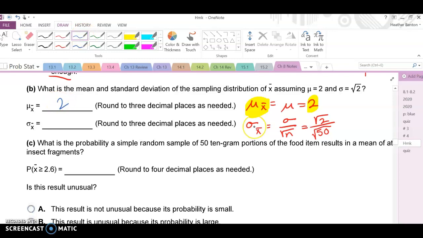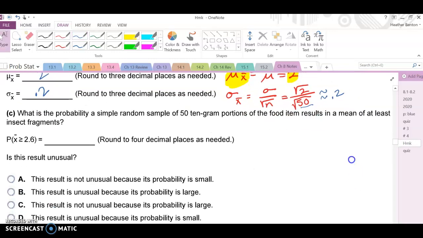And then the standard deviation of X bar is the population standard deviation over the square root of the sample size n. So that's the square root of 2 over the square root of 50, and this comes out to be 0.2. It says round to 3 decimal places as needed, but we didn't need to round it.